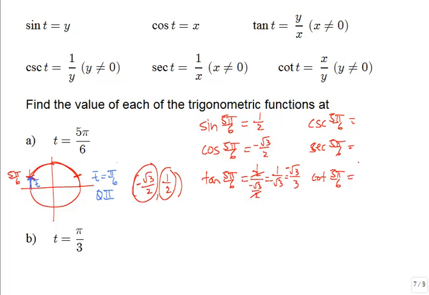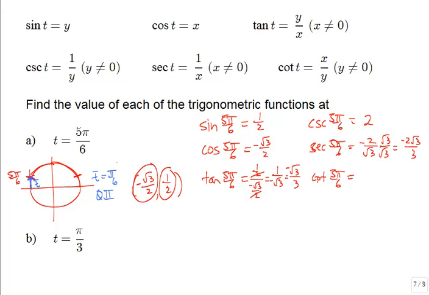The other three trig functions are just the reciprocals of these. So you want to remember that cosecant, CSC, is the reciprocal of the sine. So if sine was 1/2, then cosecant is just 2. Secant is the reciprocal of cosine. So if cosine is negative root 3 over 2, then secant would be negative 2 over root 3. And you could rationalize the denominator here and get negative 2 root 3 over 3.